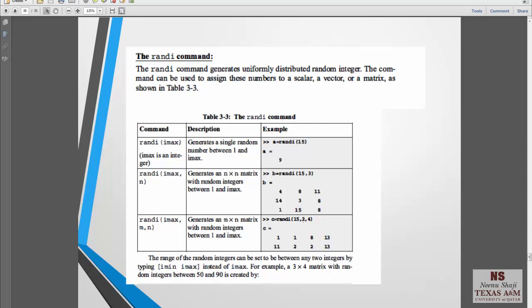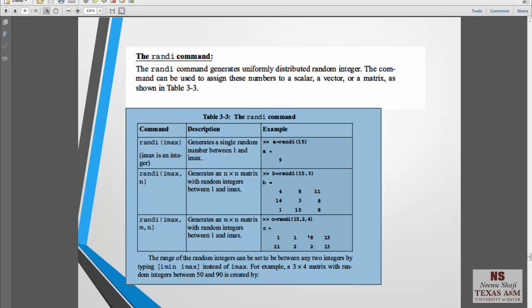So we have a 2 by 4 matrix with elements from 1 to 15, any of them. Each time you run this command, you will get a different random integer matrix.